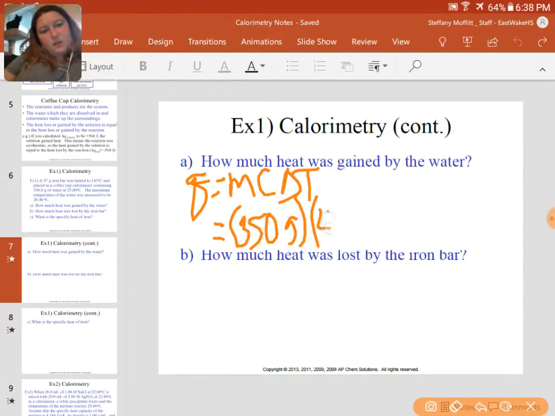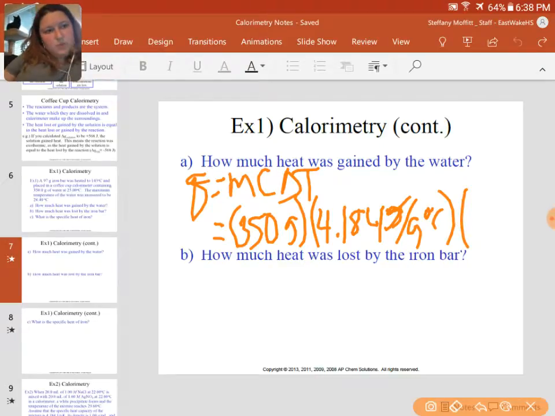C for water is 4.184 joules per gram degree Celsius, times our delta T, which I'm going to do for the water as 28.4 minus 25.